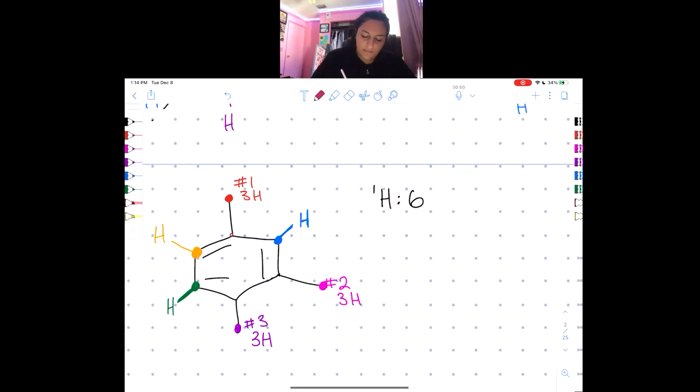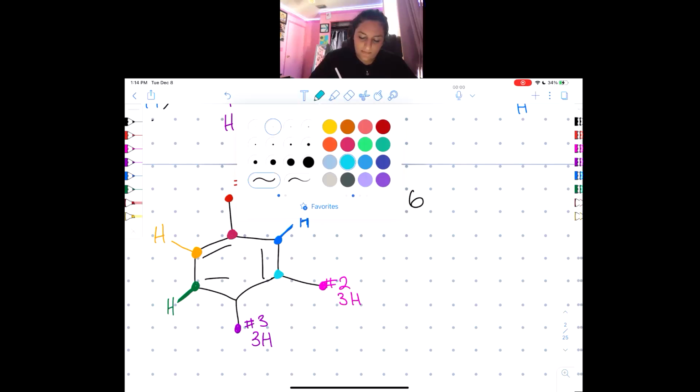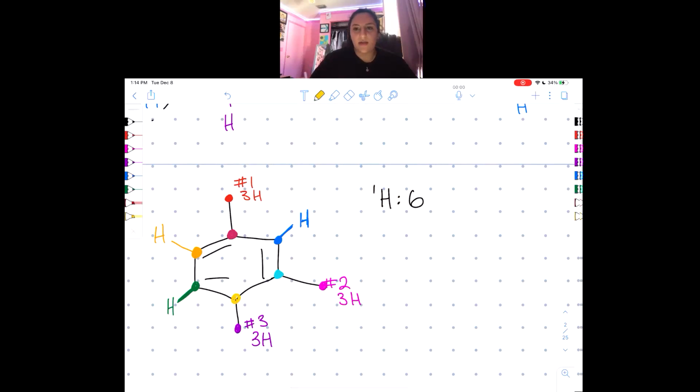So 7, 8, 9. So we have 9 carbon signals.